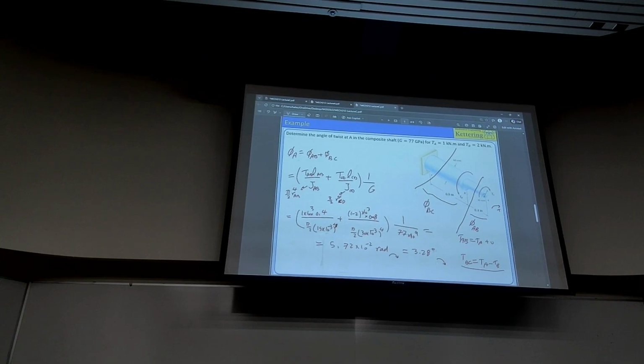So if you apply TA, the torque at point A, would that cause any deformation in AB? If you apply the load here, will it cause deformation in AB? No. That's why you said TAB is just TA.